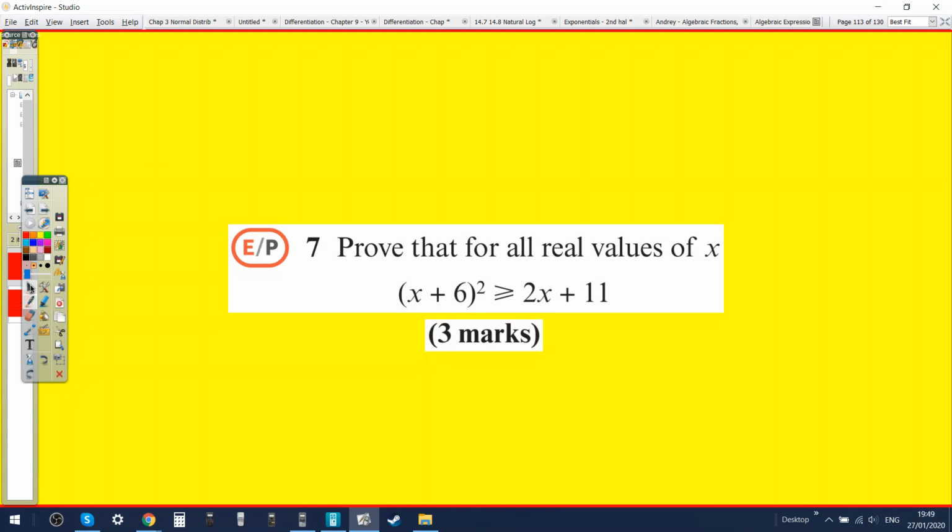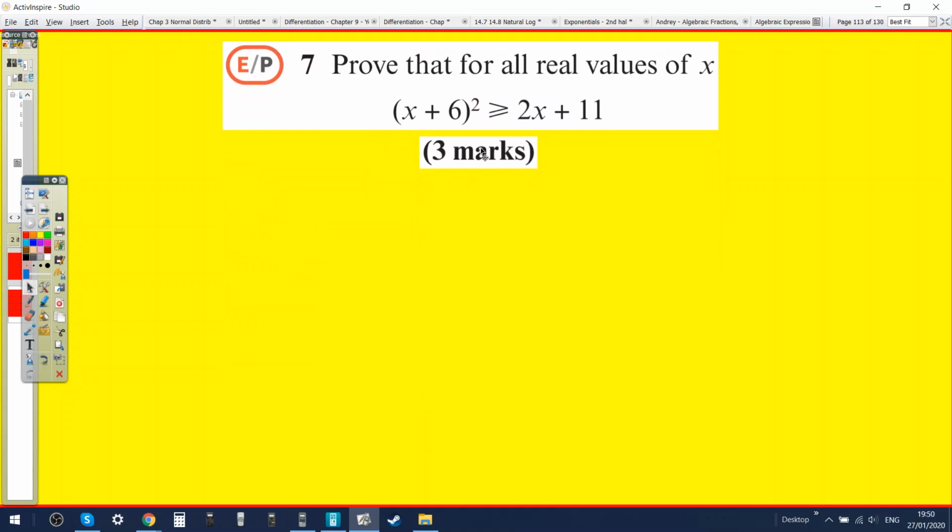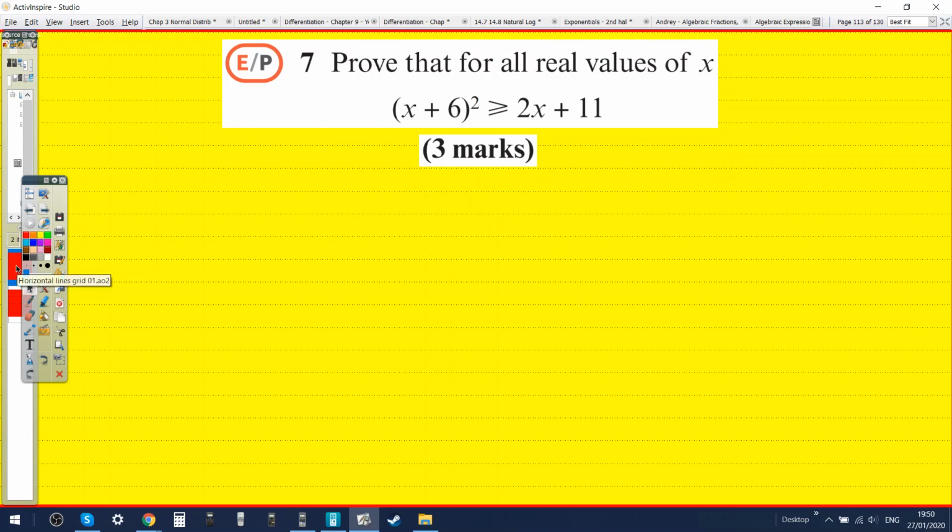Okay, let's try this one. Okay, so rise of x.